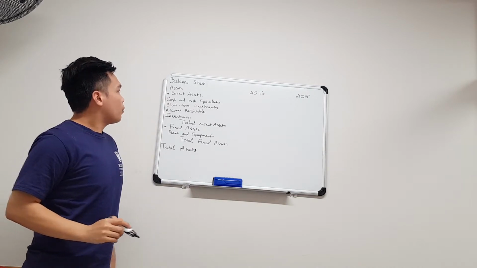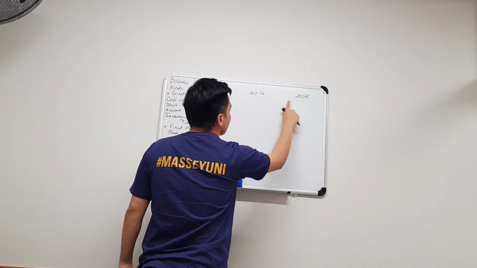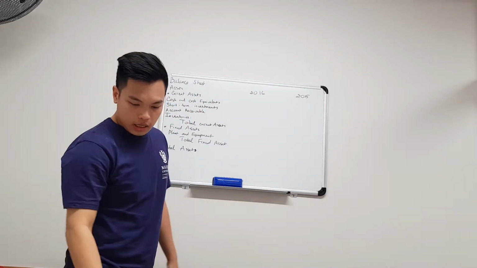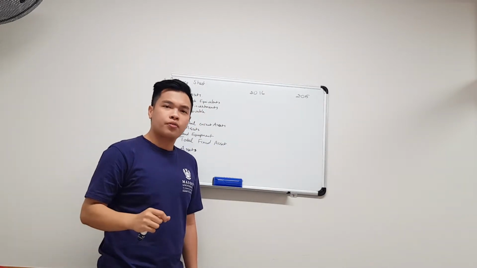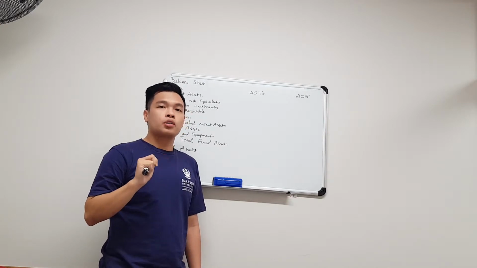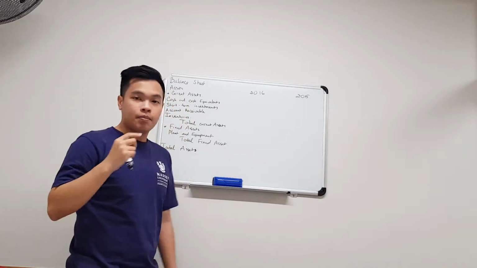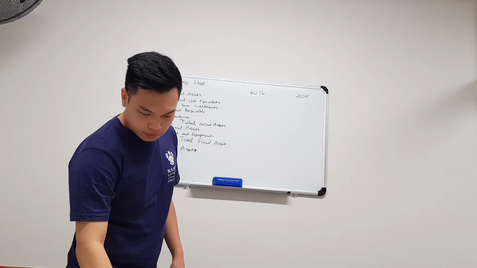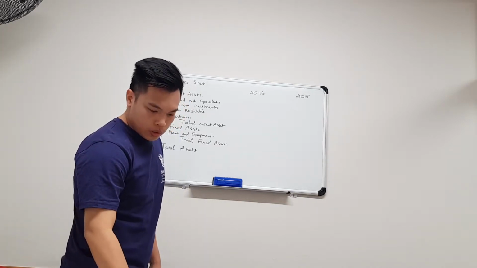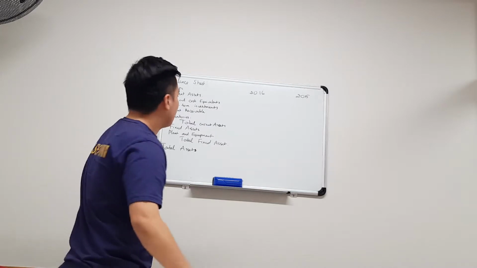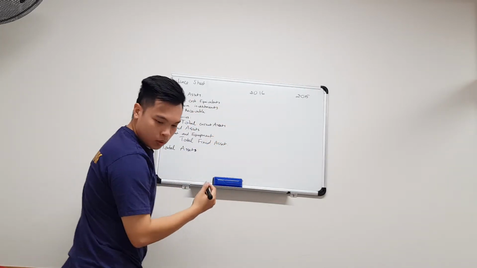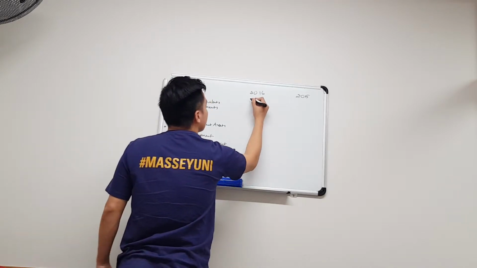So we have 2 years to consider, 2016 and 2015. I will take some numbers to be more specific, and we can imagine how it works. For 2016, we have cash and cash equivalent equal to 50.